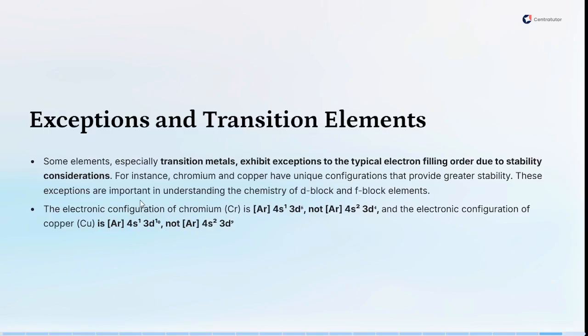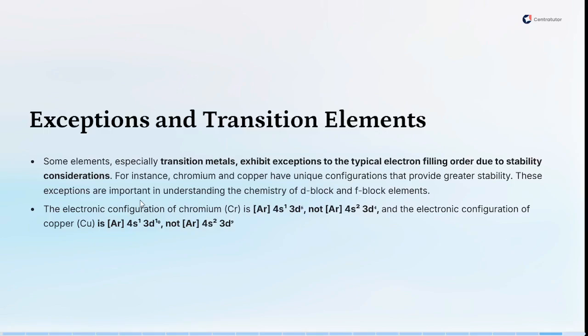In case you see questions asking which elements are known to violate the normal rules for electronic configuration, these are the transition elements, and they deviate a bit from the normal rules that govern electronic configuration.